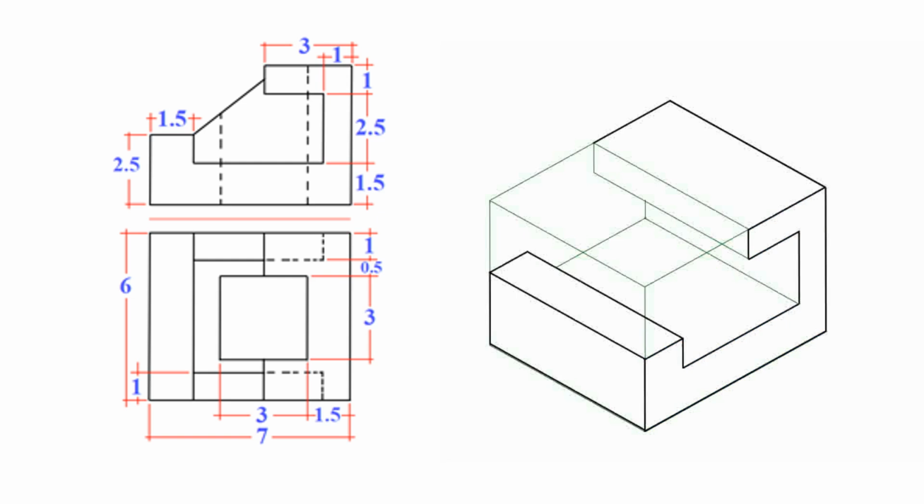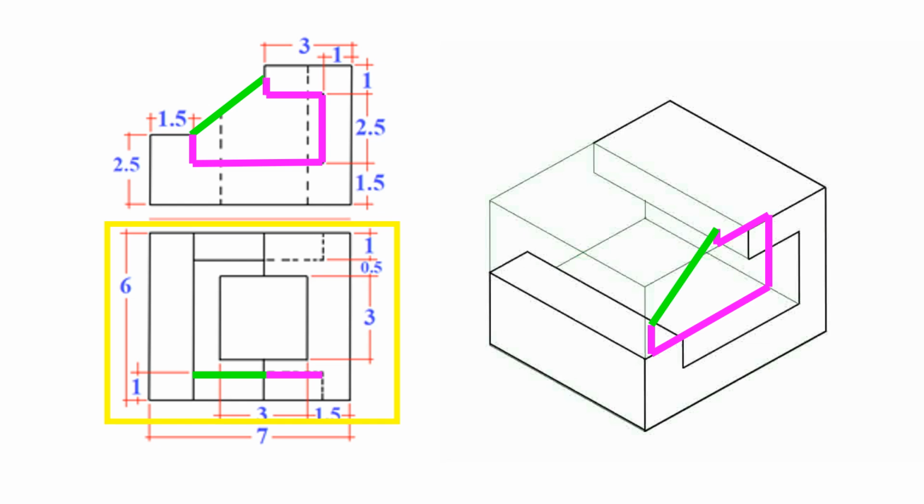Now feature M. It looks centered in the front view, and it has an inclined line. But here's the smart question. How far back does it start? For that, we check the top view.